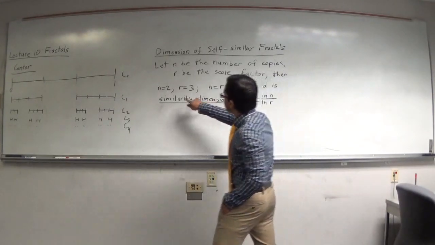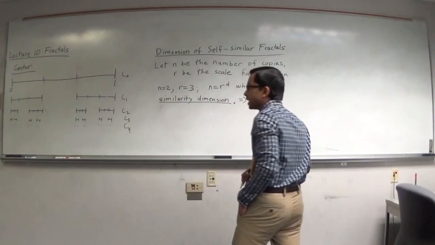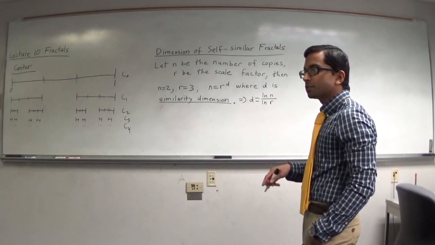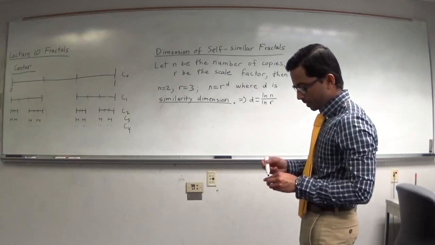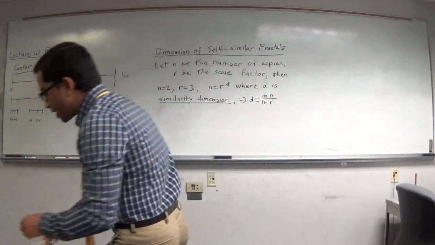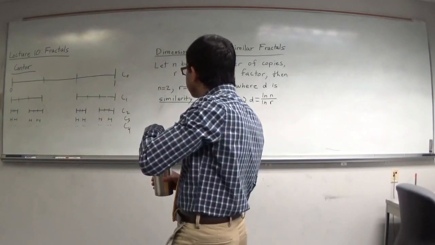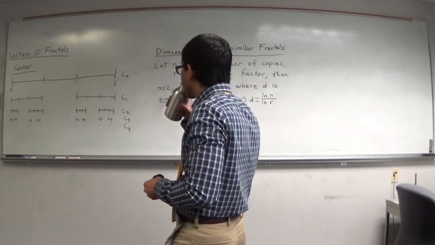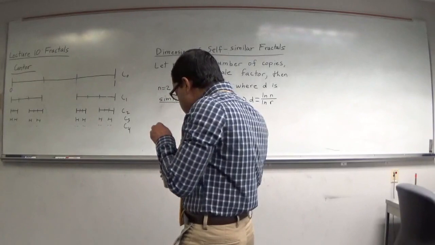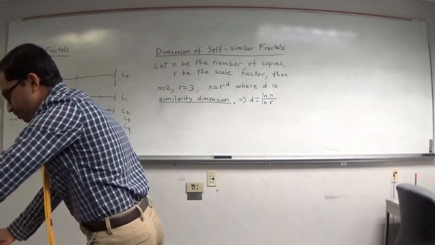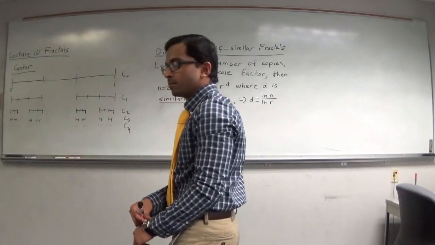Here, the dimension of the Cantor set is just ln 2 over ln 3, which is clearly less than 1, so it's a fractional dimension. We can do the same with other fractals. You can still have a fractal between, let's say, 1 and 2.